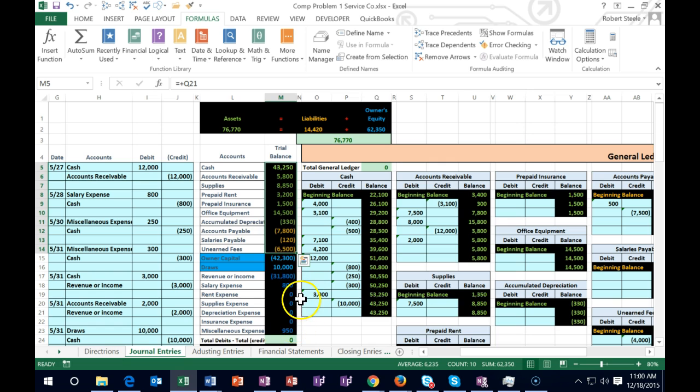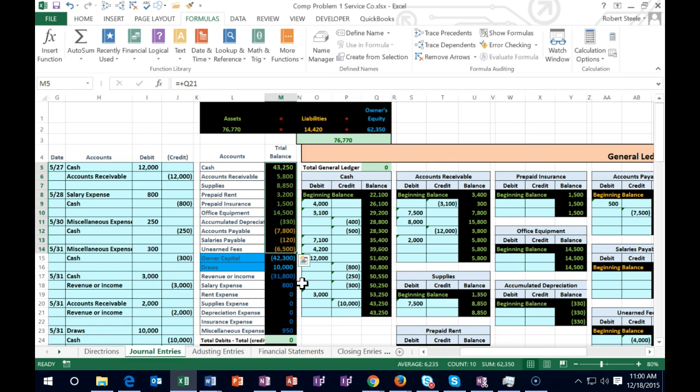The reason all these numbers are blue, even though we have the revenue, the expenses, is because really they're all part of equity. Notice they're all part of this number. And that has to make sense because the top half represents what we have minus who we owe it to. The bottom half represents what is owed to the owner, or what the book value of the company is worth.